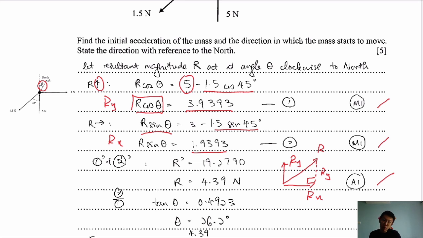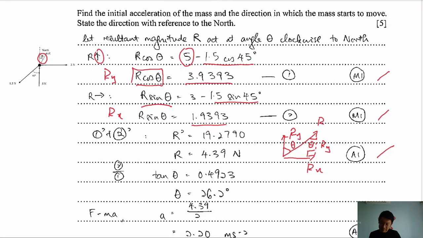After that, how do we actually find this theta? To find this theta, if we follow the figure that we have earlier, we are supposed to find this theta. If we use this triangle, this theta is the same as the theta here. If we use tangent theta in this case, tangent theta is given by Rx divided by Ry.